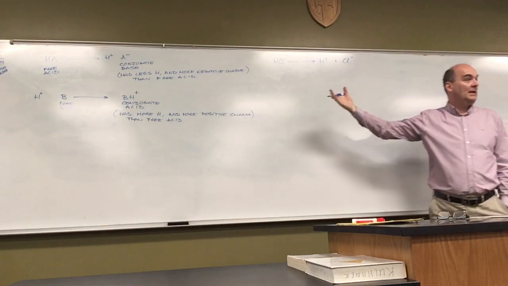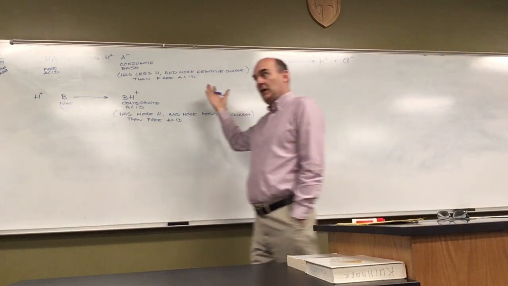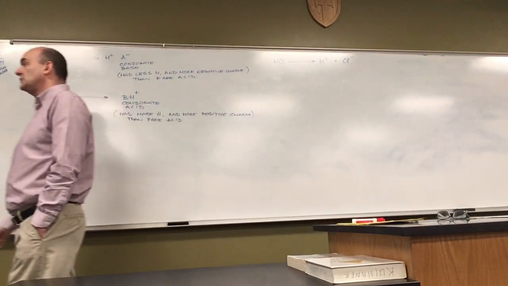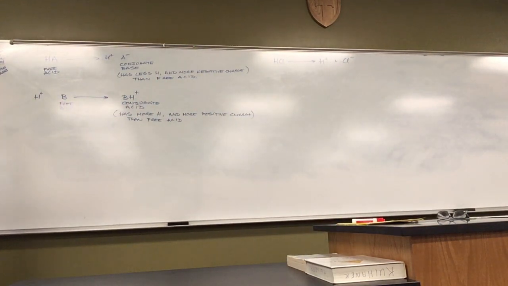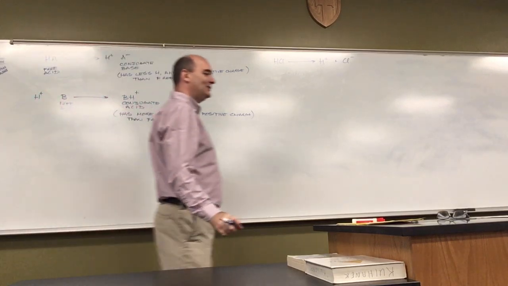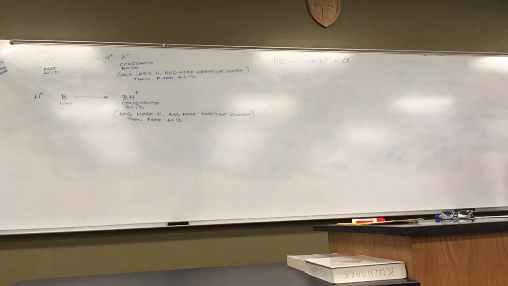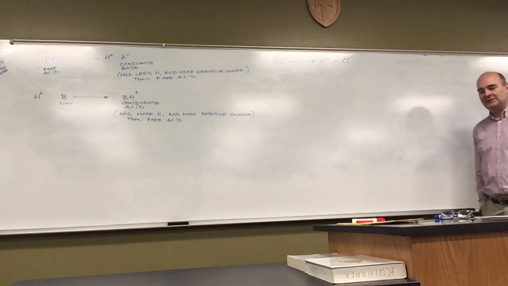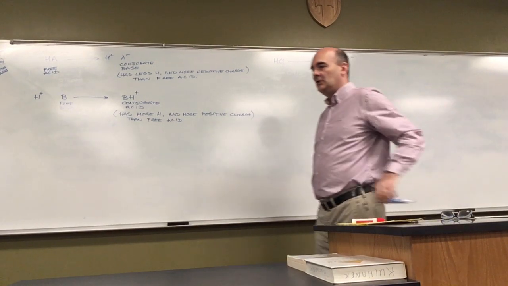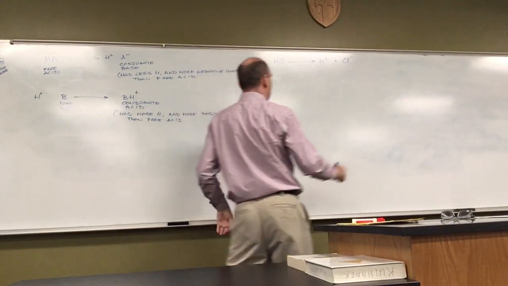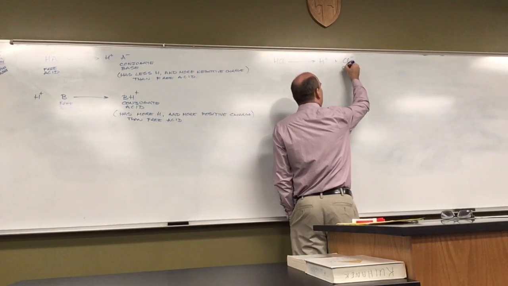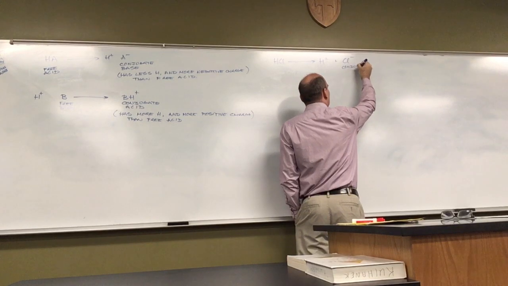HCl is the free acid. H plus is the thing that actually is the acid. Arrhenius says having the H plus in solution makes the solution acidic. That's the thing that's actually causing the solution to be acidic. And then this right here is my conjugate base.